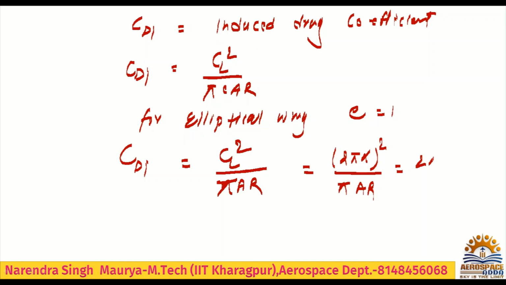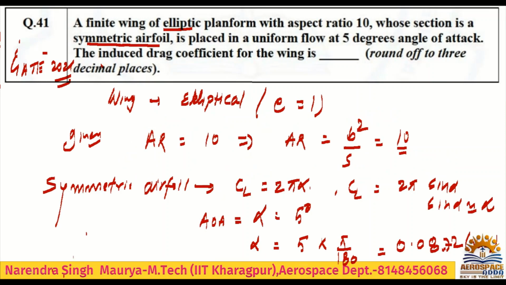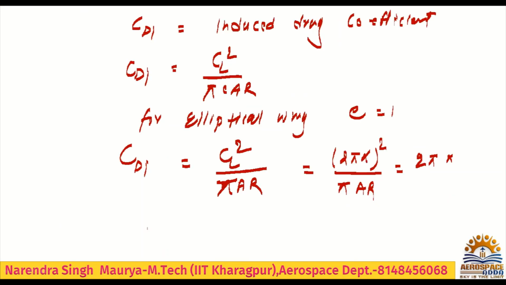So it is nothing but (2 pi times alpha in radians, 0.0872) whole square, divided by pi into AR.